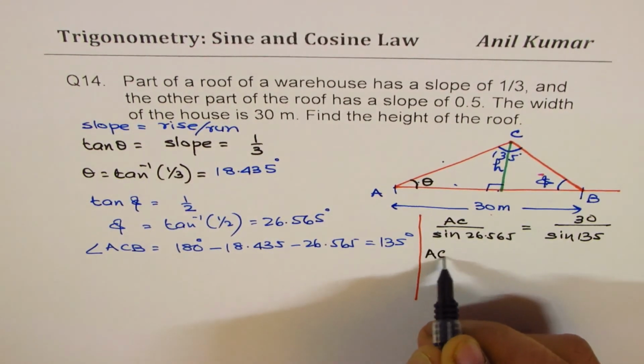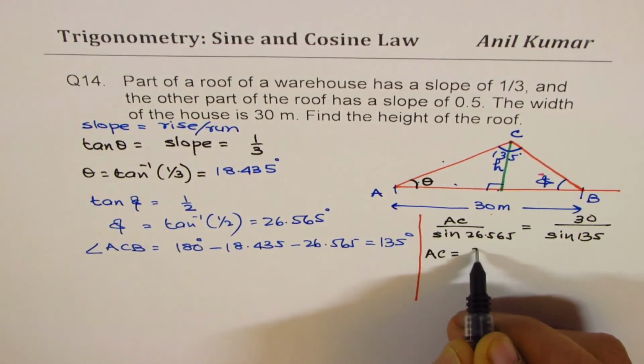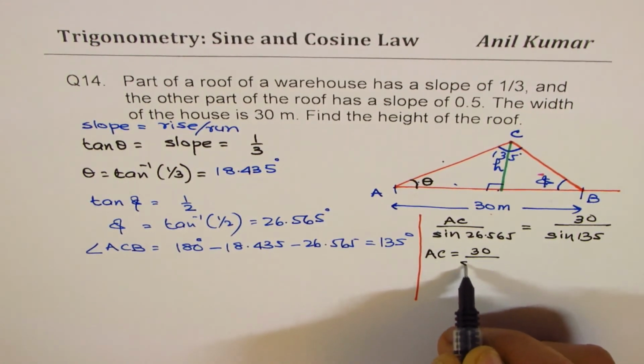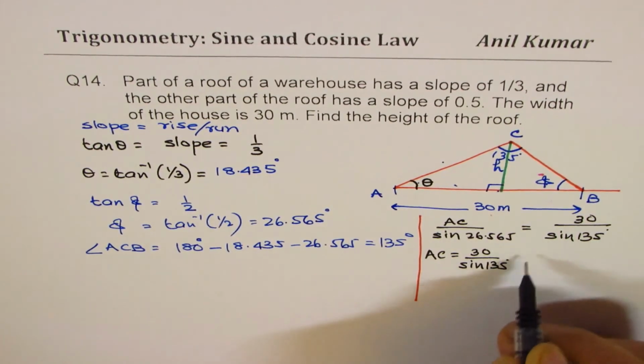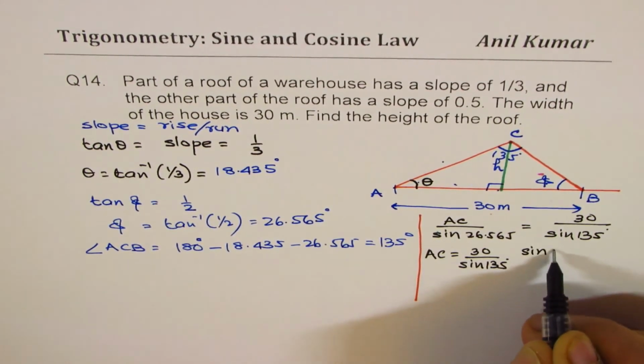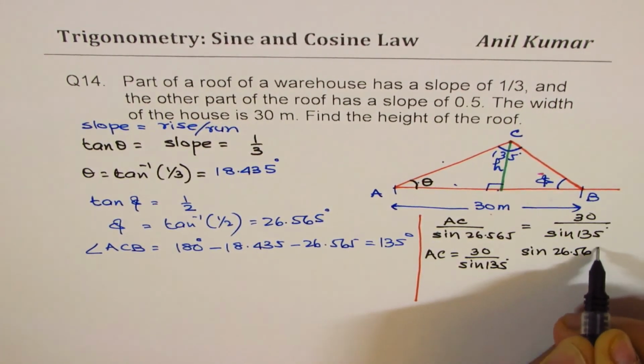So AC is equal to 30 over sine of 135 degrees times sine of 26.565.